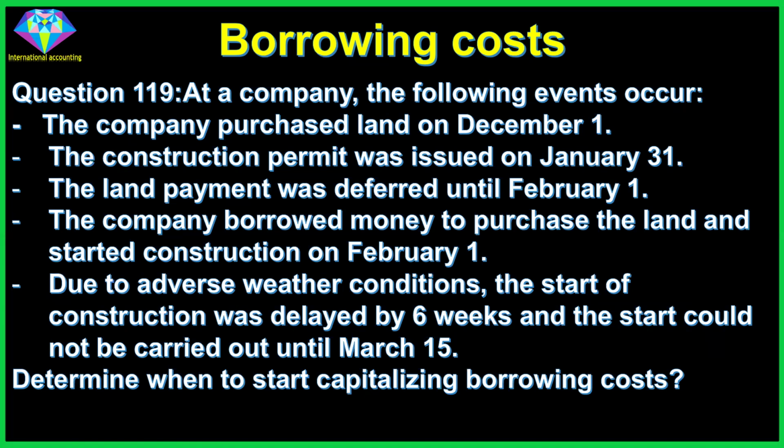Due to adverse weather conditions, the start of construction was delayed by 6 weeks and the start could not be carried out until March 15. Determine when to start capitalizing borrowing costs. Answer: February 1st.